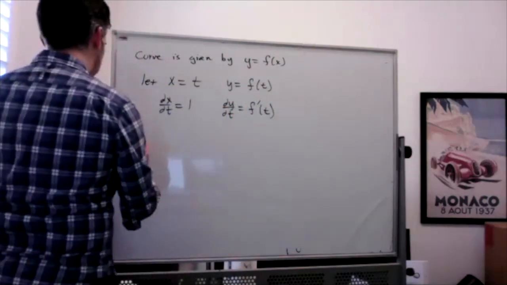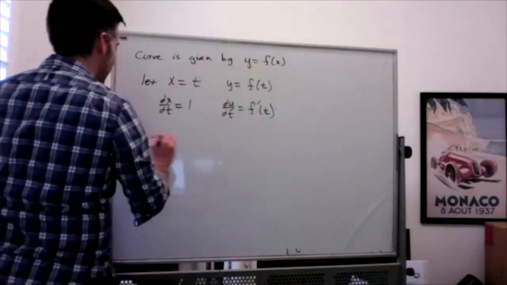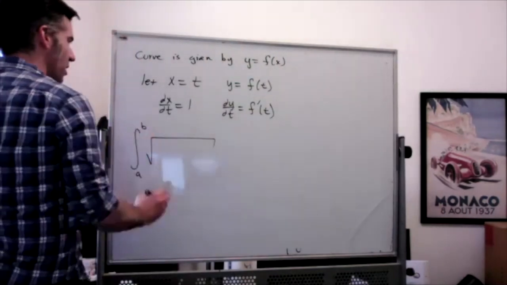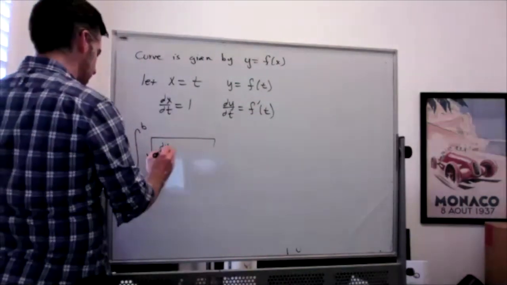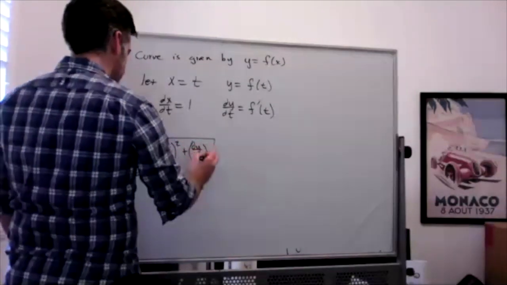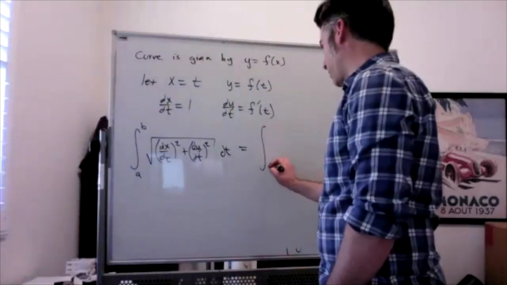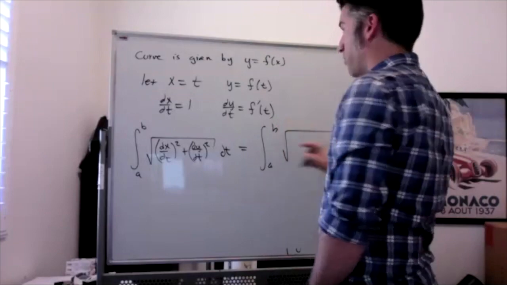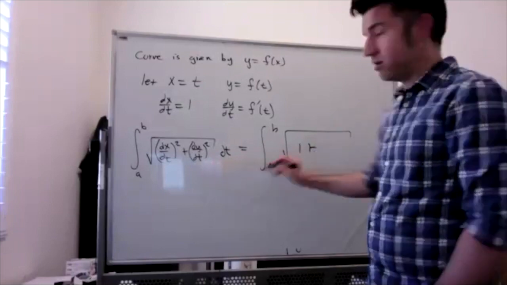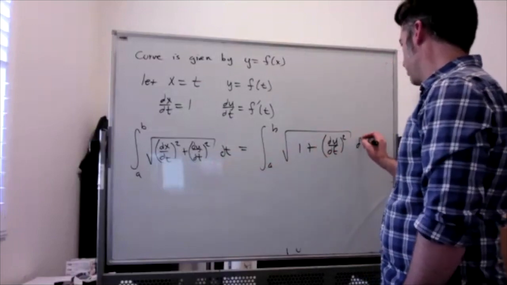So then our formula, everyone okay? Great, let's go. Stop me if you have questions. Our formula will be the integral from a to b of the square root of (dx/dt) squared plus (dy/dt) squared dt. But that's just going to be the integral from a to b of the square root of, well, dx/dt is 1, plus (dy/dt) squared.